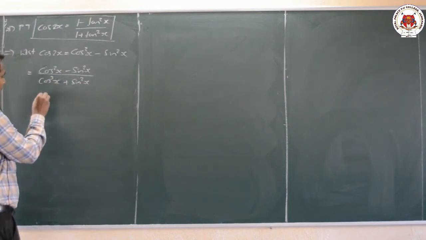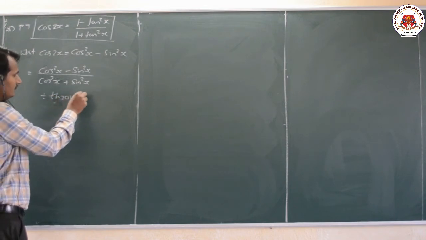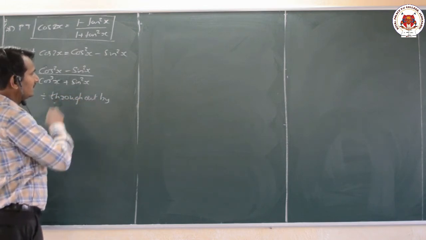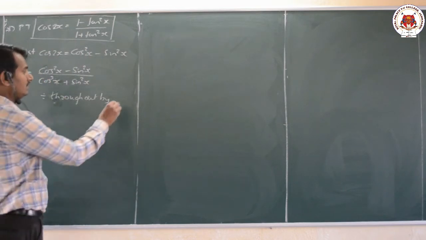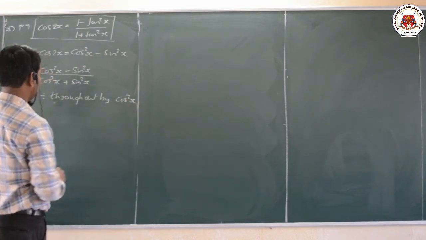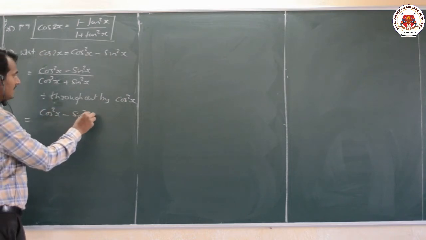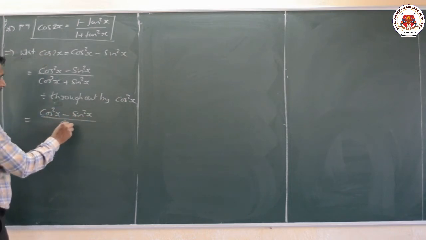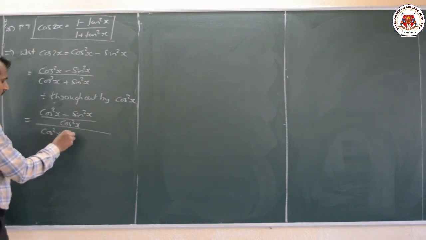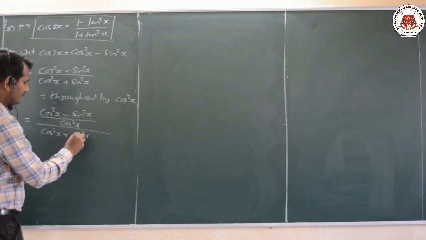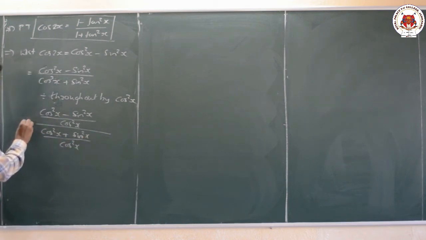Now, what I will do is divide throughout by cos square x, to eliminate the cos square in the denominator. Now, what we get is cos square x minus sin square x whole divided by cos square x, over cos square x plus sin square x divided by cos square x.